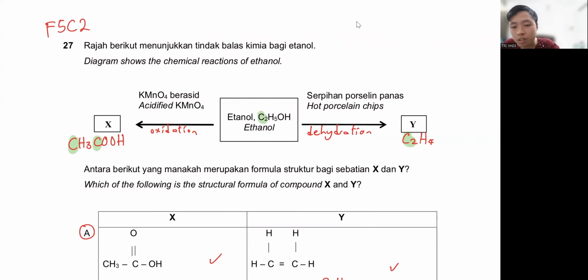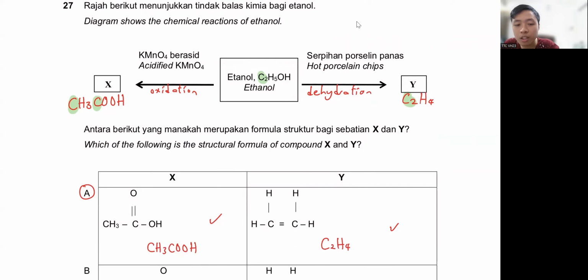Then the other way is dehydration. So dehydration, what happens? The answer is A. Dehydration means hot porcelain chips. That's why it is dehydration. You remember hot porcelain chips, the heat. It undergoes dehydration, minus water, and becomes ethene, C2H4.